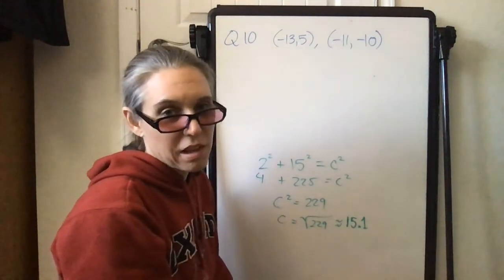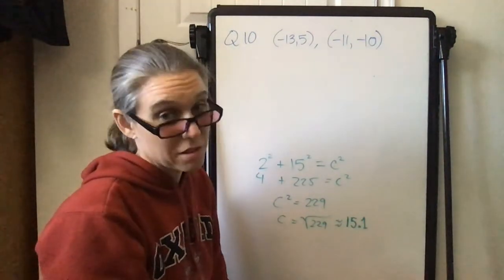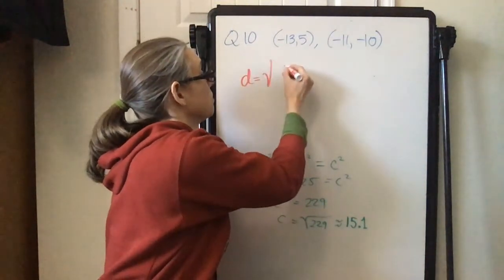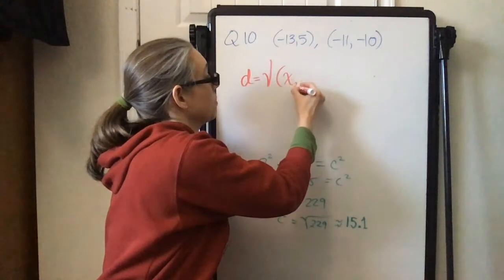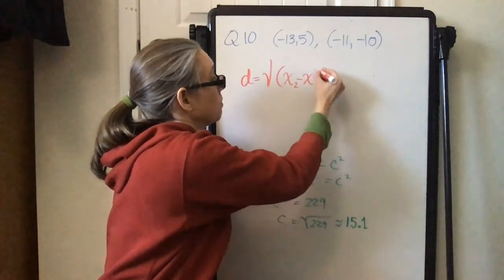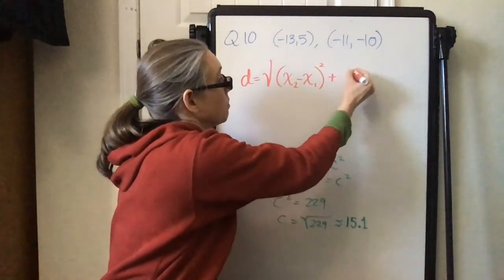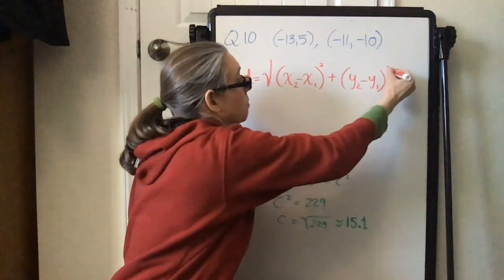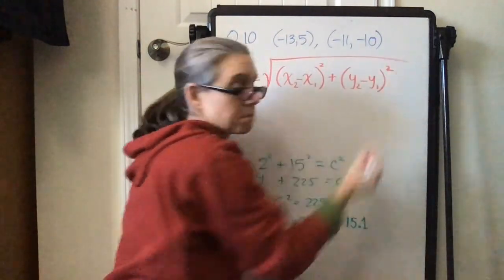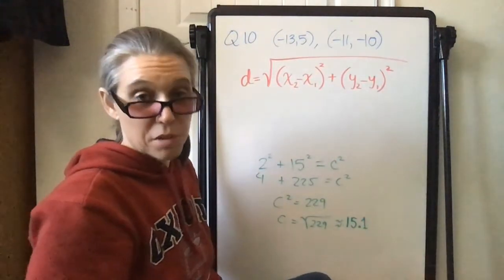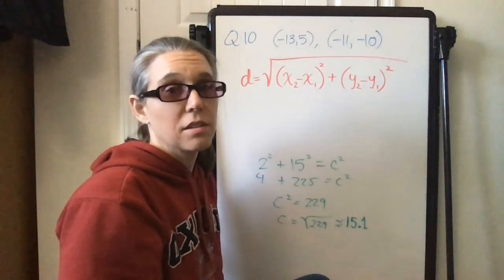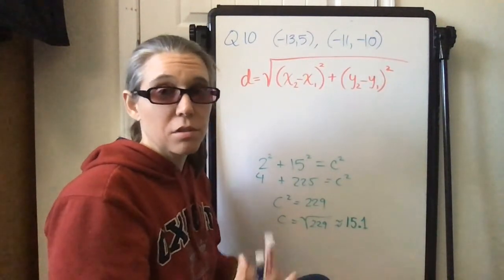Very few people accurately remember, for the long term, the distance formula. The distance formula is derived from using the Pythagorean theorem. They are basically the same formula rewritten 2 different ways.